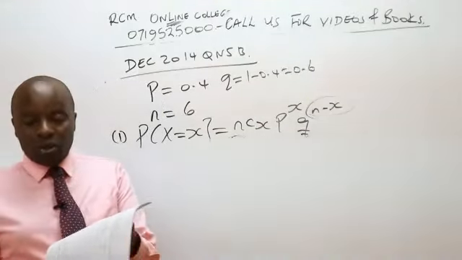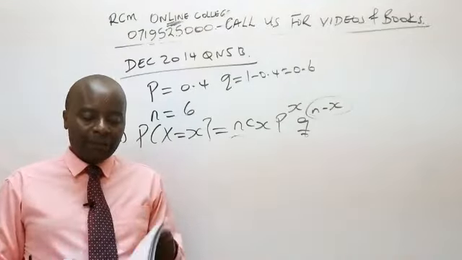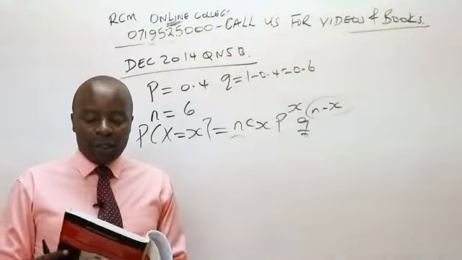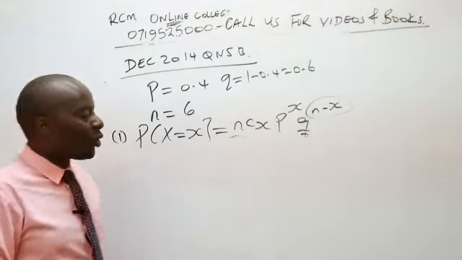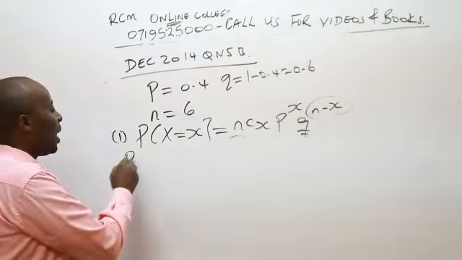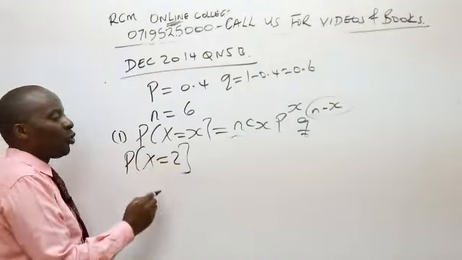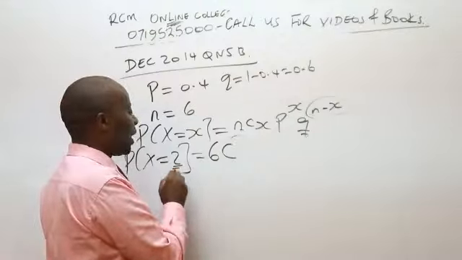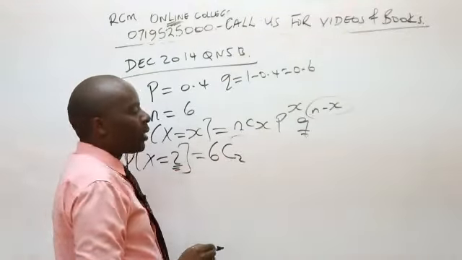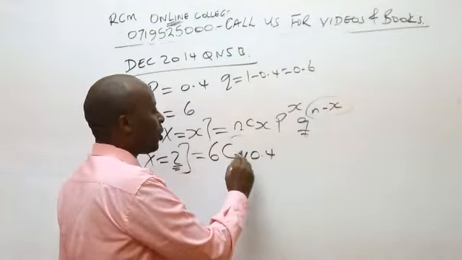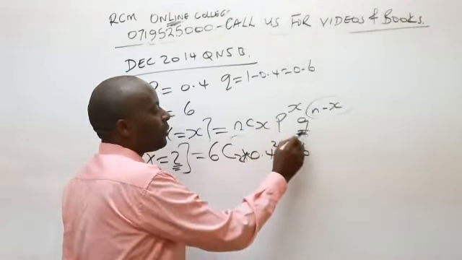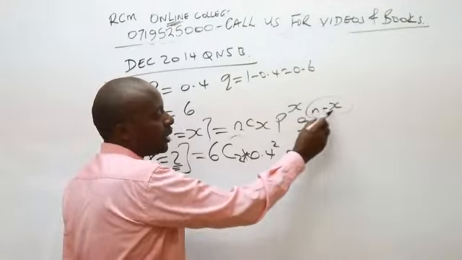Now we go to the second question, still under December 2014. Exactly 2 households were affected. So probability of X being equal to 2. N still stands, 6 combinations X. X is 2. P, which is 0.4, raised to X, which is 2. 0.6, which is my Q, raised to the balancing power.